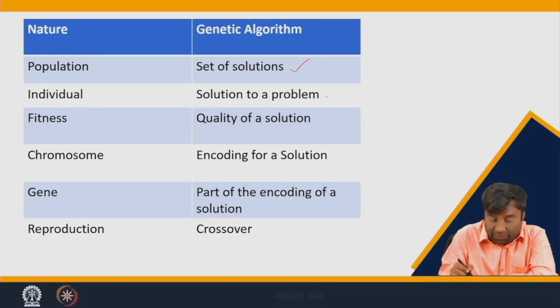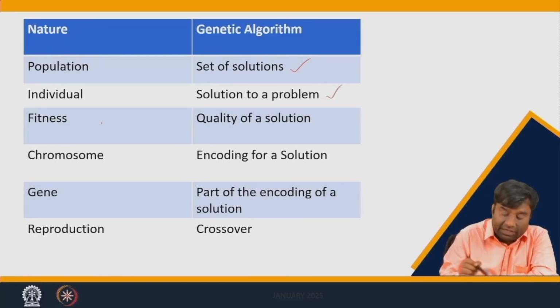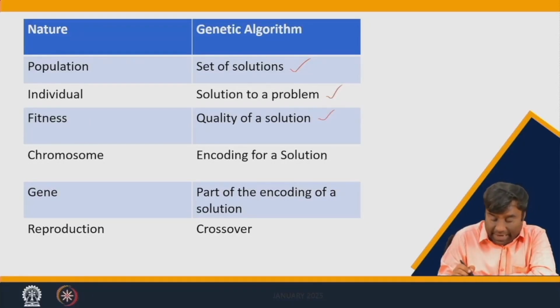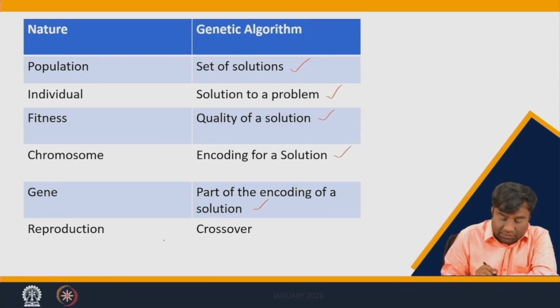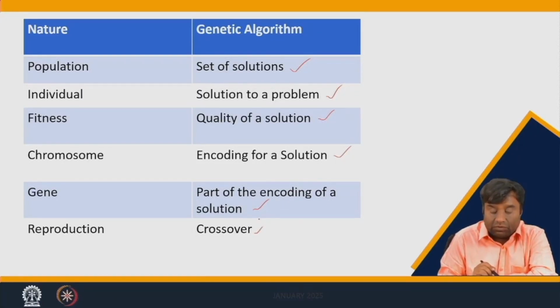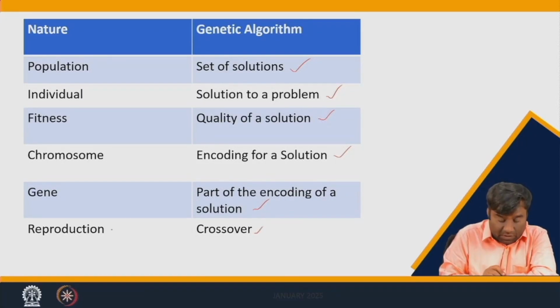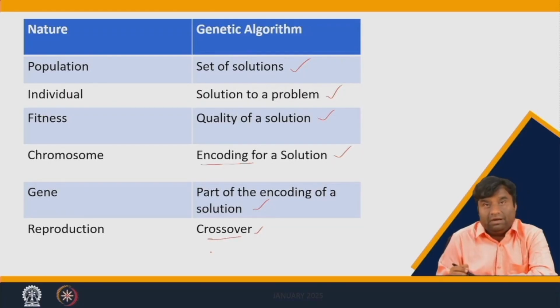Individual means solution to a problem, particular solutions. Fitness means the quality of the solutions. Chromosome is the encoding for a solution. Gene is part of the encoding of a solution. Reproduction means the crossover. So basically, you need to understand encoding, crossover. I will cover it further.